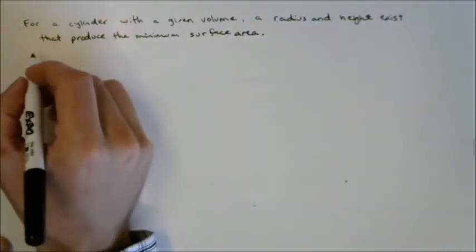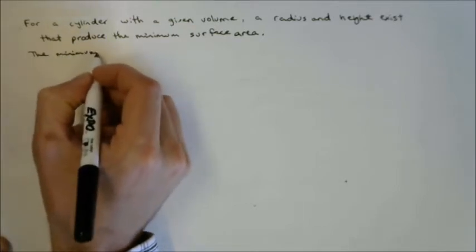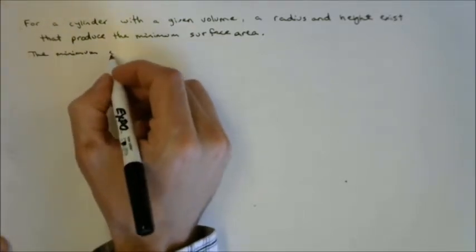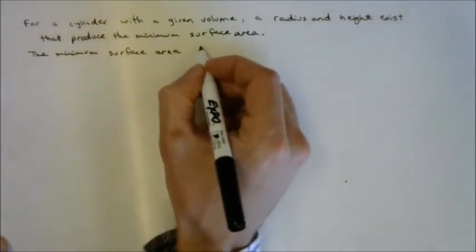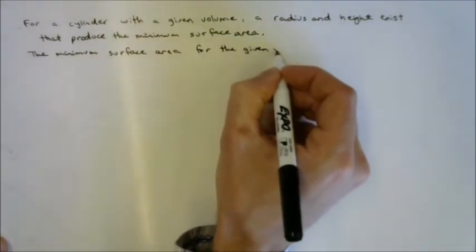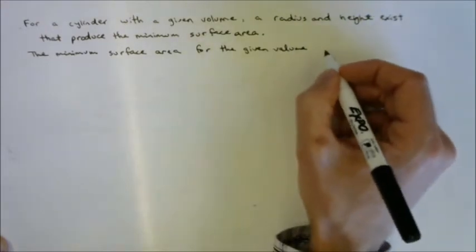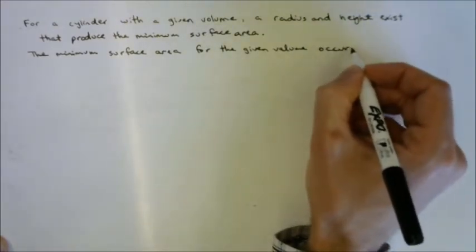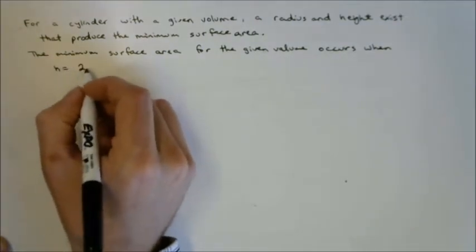Okay? The minimum surface area for the given volume occurs when H equals 2R.